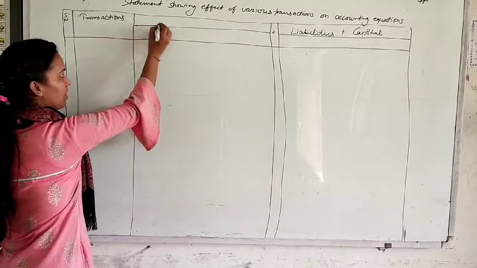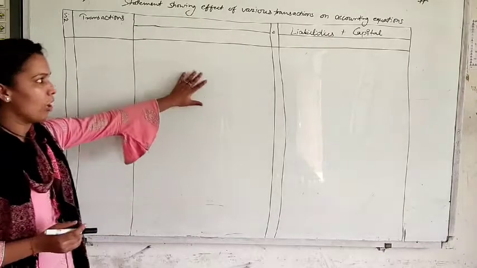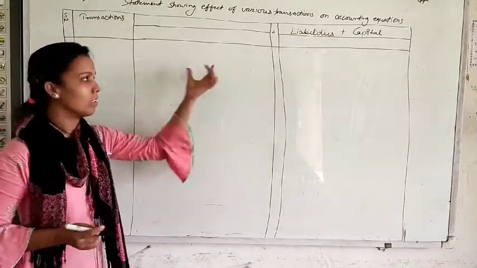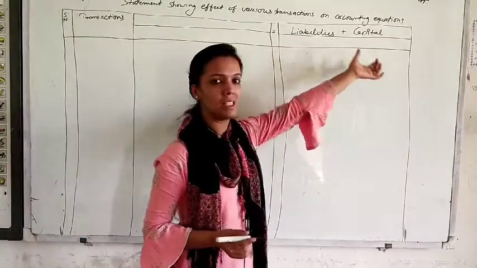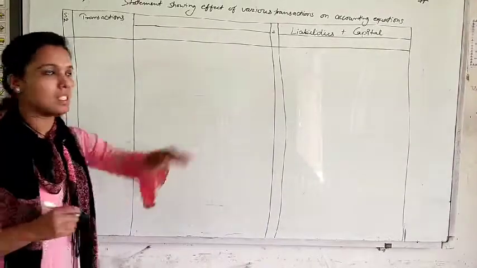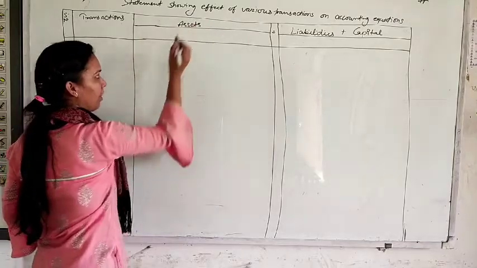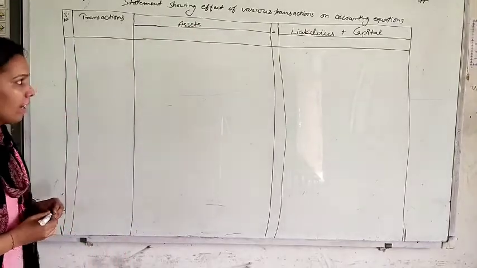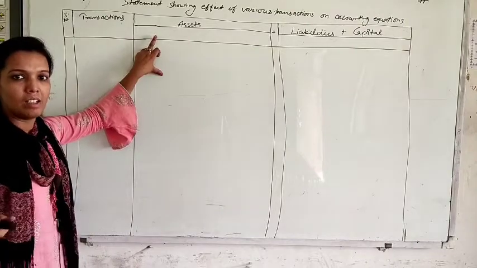After this, you can see the columns are divided into 2 parts. The first one is for assets and the second one is for liabilities plus capital, that is our equation. So assets equals liabilities plus capital. Here I am writing assets. Why is this second line drawn here? Because we will categorize the assets into different parts.